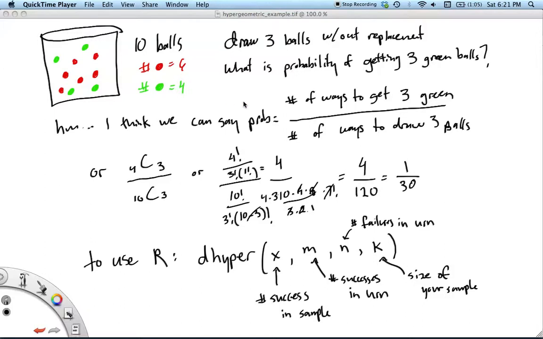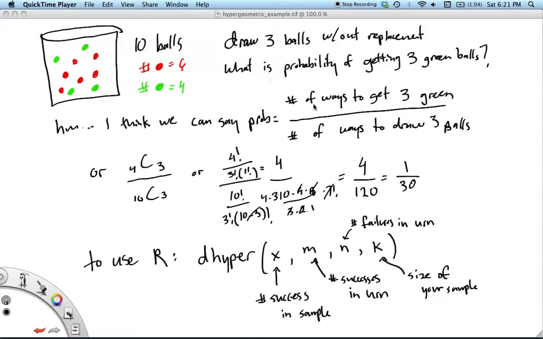Okay, so without even getting into the formula for this distribution, I'm thinking about what that probability would mean, and I think you can just use the basic probability template of looking at the number of ways that your event of interest can happen divided by the total number of events that could possibly happen in your scenario.